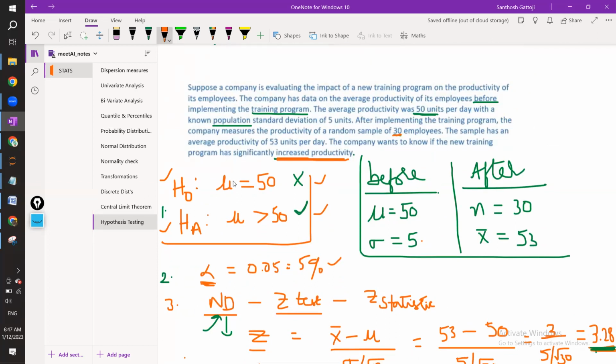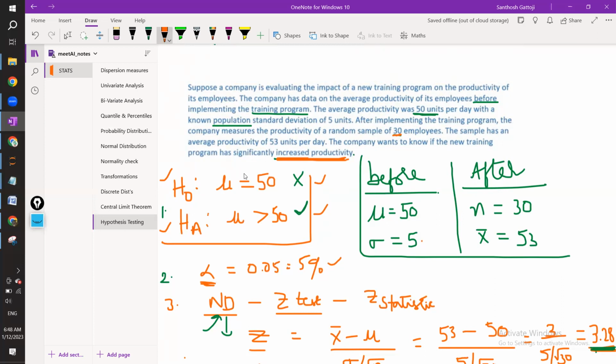That's a good point you raised. We are creating a null hypothesis in this way, and an alternate hypothesis in this way. We don't know which one of these is true in this scenario, because if we knew what is true, why would we do testing? Why should we do hypothesis testing? No need. We could directly say the training has already increased the productivity. That is the final statement.